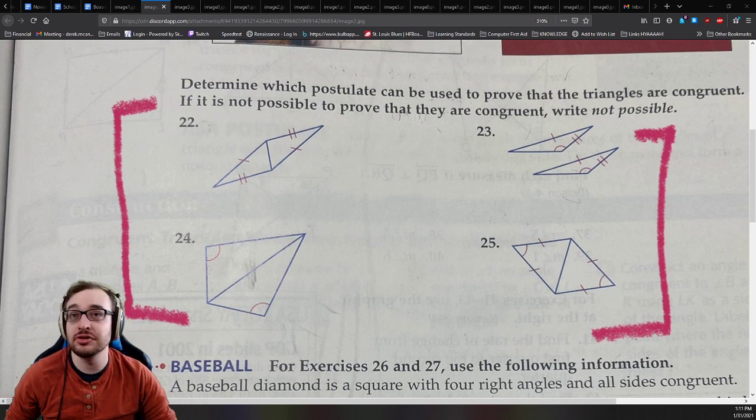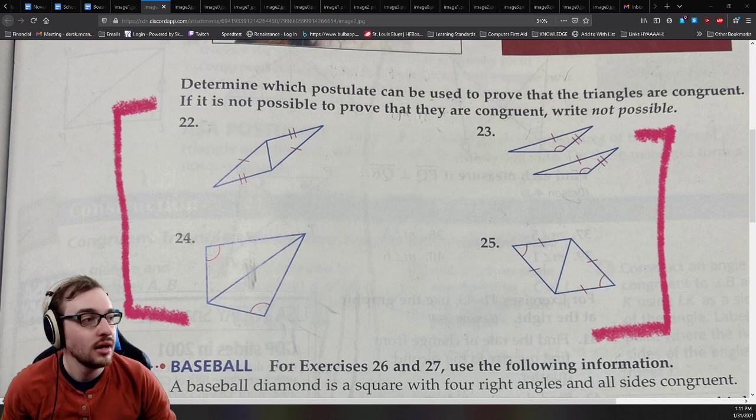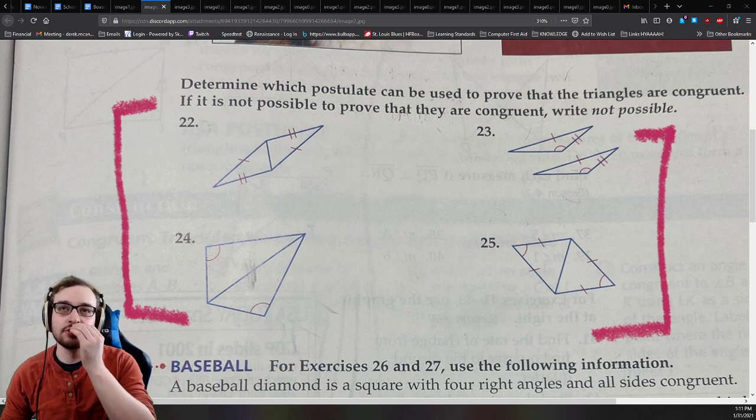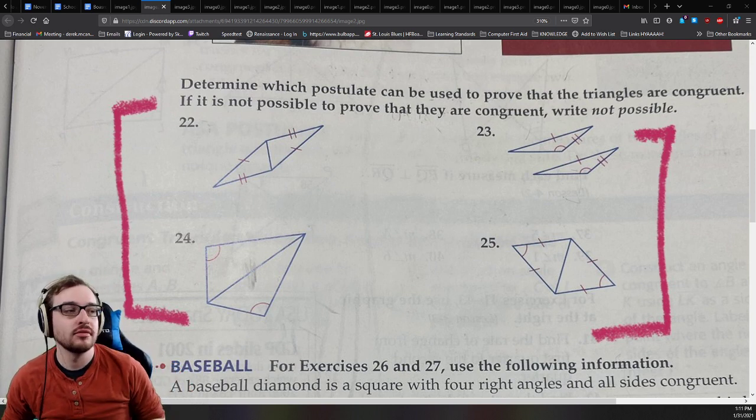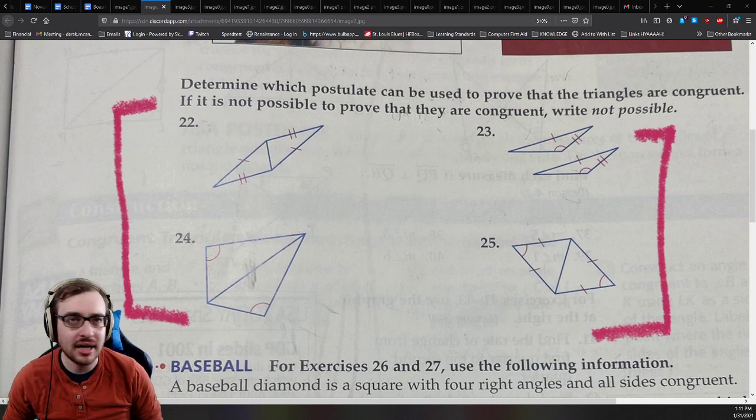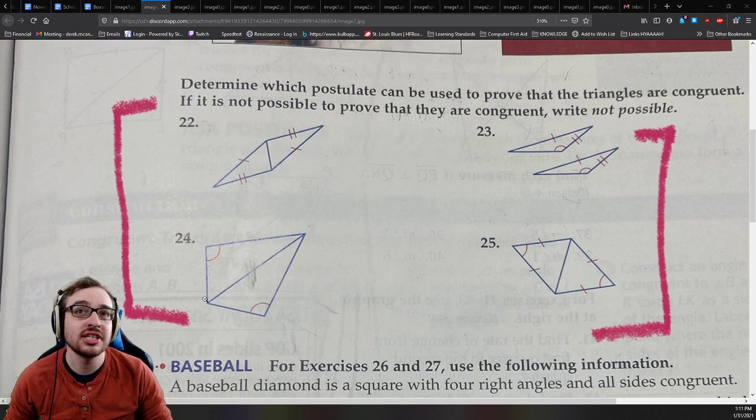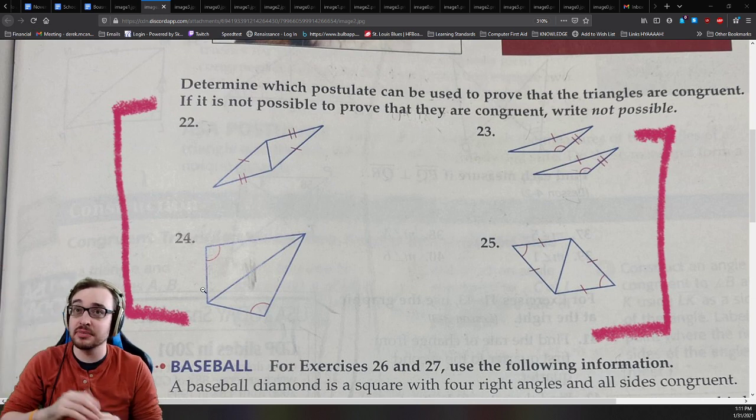Yeah, exactly. We have the shared side and one angle. That's not enough. And that's a key skill for you to understand, when there just isn't enough, right? Because otherwise you sit there all day and you're just like, oh my god, where is it? Why am I not seeing this? But there's no more information we can gather, right? You can imagine that this side, you could stretch it out because they don't tell you it has to be a certain length, right?